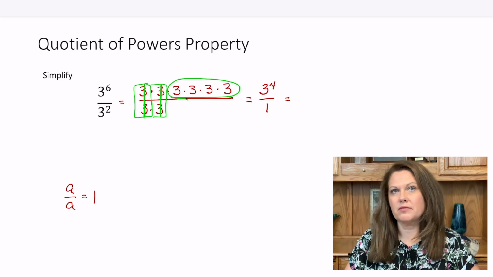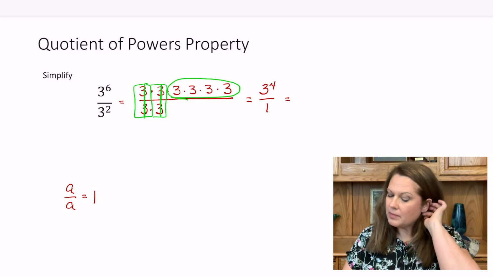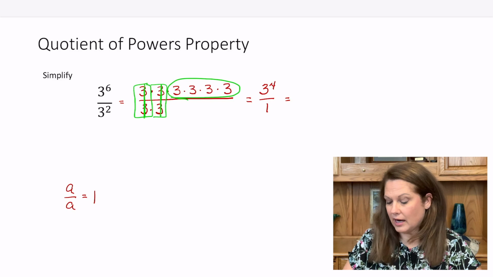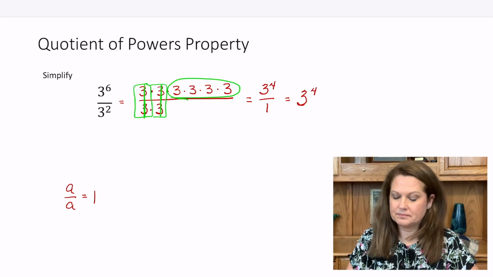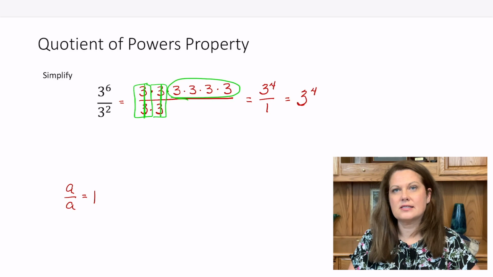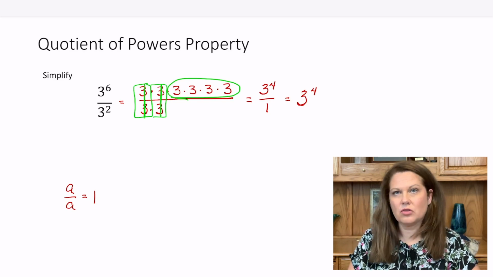Now, when we talk about fractions, anything over 1 is a whole number, and it can be rewritten. So when we rewrite this, it would be 3 to the fourth power. So our question, 3 to the 6th divided by 3 to the second, in its simplest form, is 3 to the fourth.